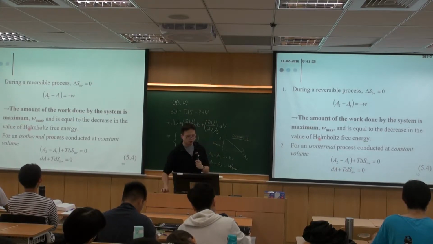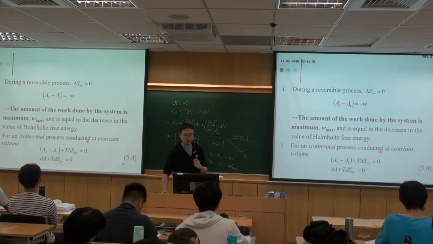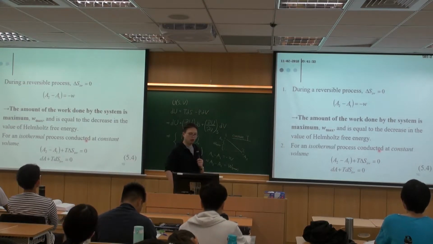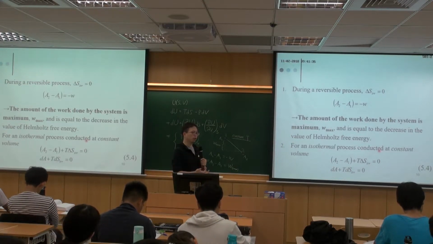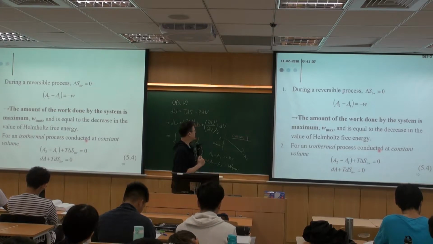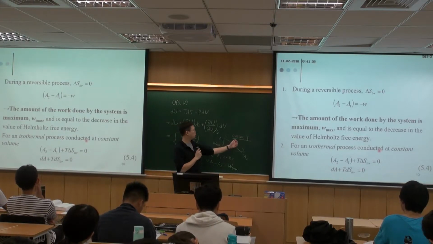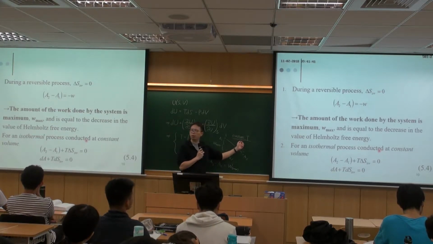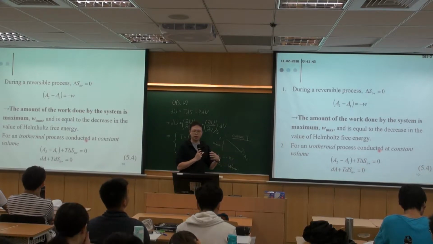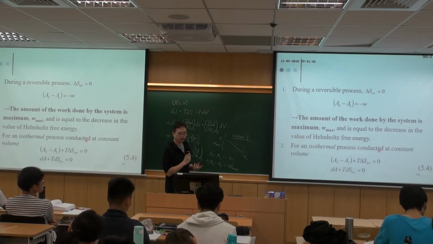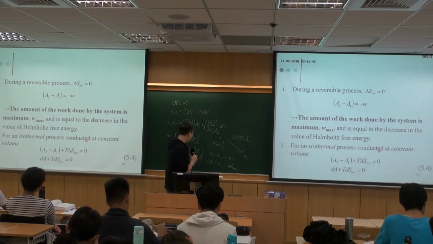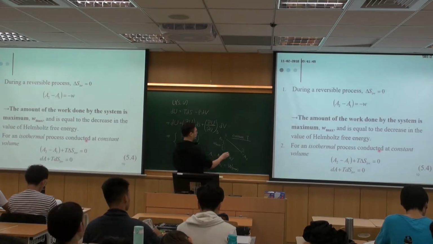And for an isothermal process conducted at constant volume, so now we introduce another constraint. At the beginning we only have one constraint, which is constant temperature. Imagine right now you have a different constraint, which means that the volume is also constant.